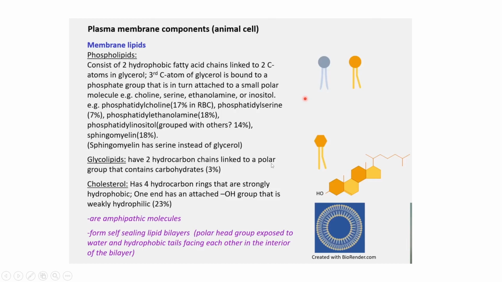Yeah, so cholesterol basically helps in maintaining the rigidity of the plasma membrane. At certain junctions of the membrane lipids in the plasma membrane, there is presence of cholesterol. So what cholesterol does is maintain the rigidity and flexibility of the plasma membrane.